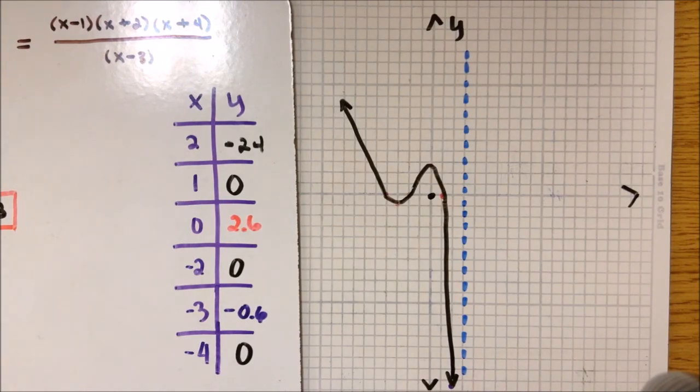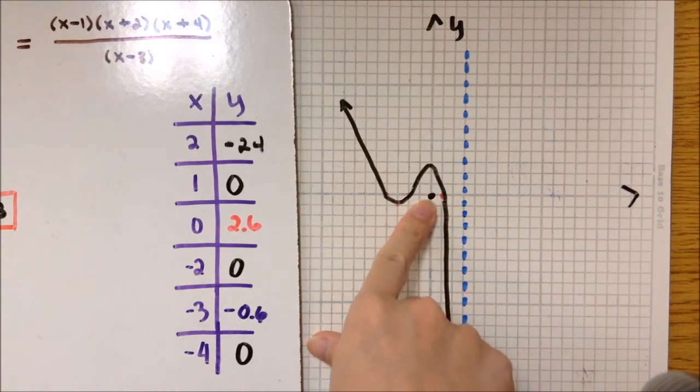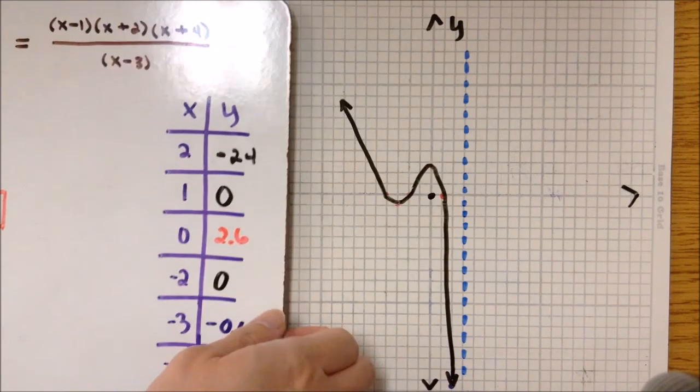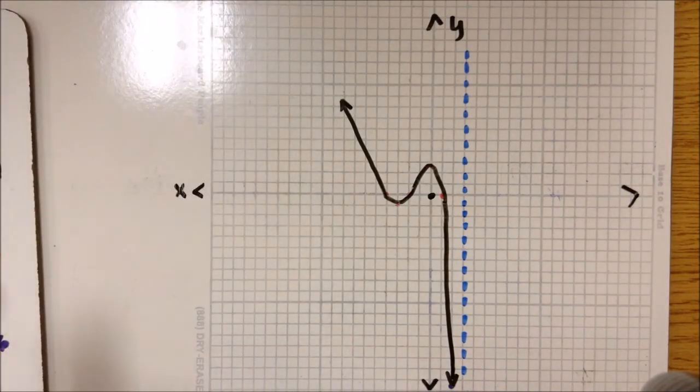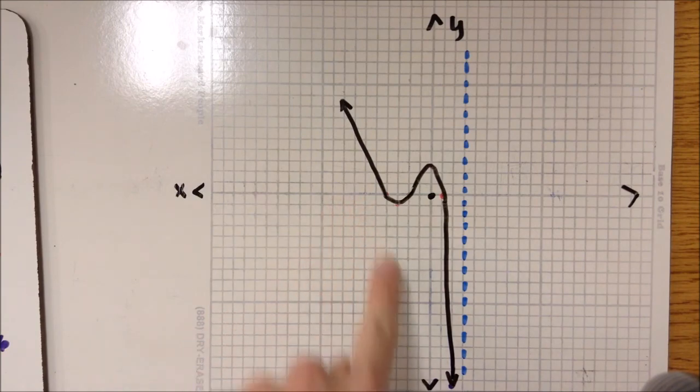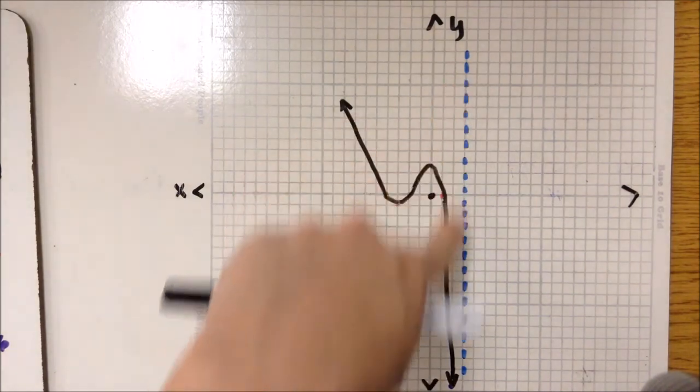Now it doesn't have to be perfect as long as it's precise. Again, this one right here is the origin, 0, 0. So if you were to type this in Desmos, you would see a much more precise graph, but it's going to be similar to what we have here. So here's a vertical asymptote.